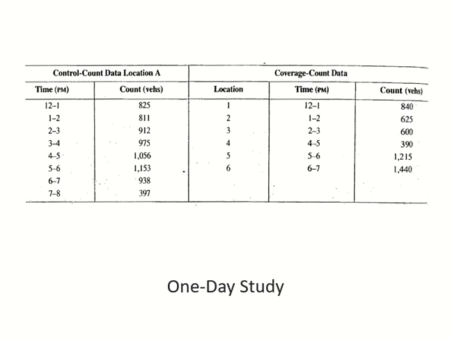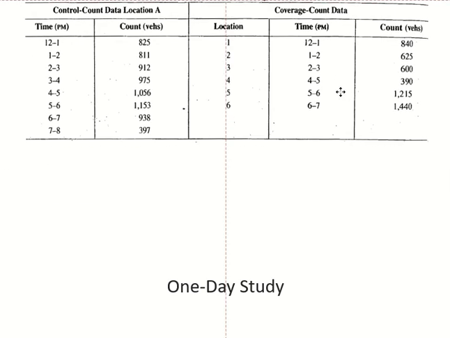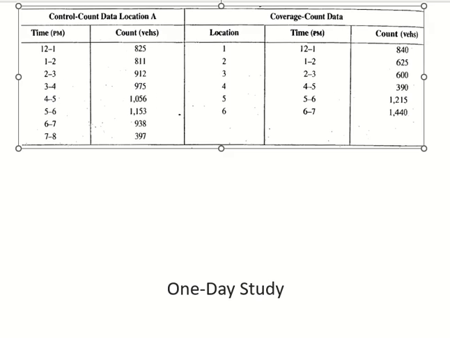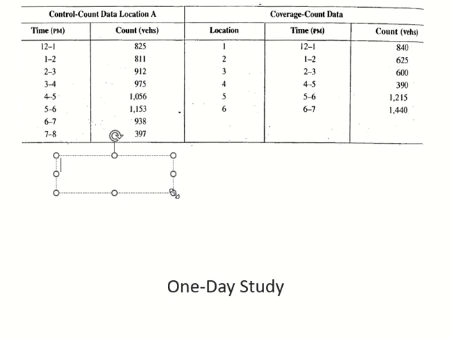For control, I had 8 hour data, so I can know the 8 hour count. How much is it? The 8 hour count for the control. 7067. Okay, 8 hours for the control, done.